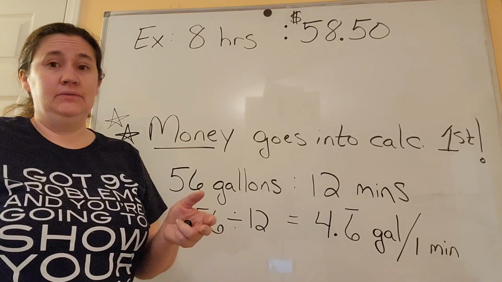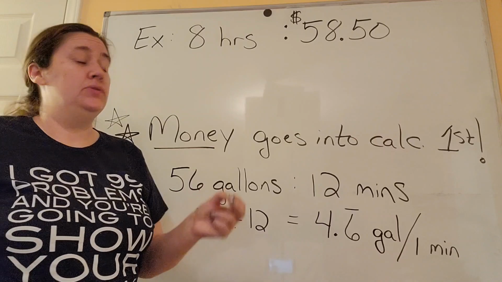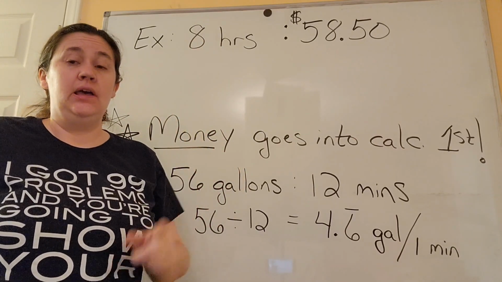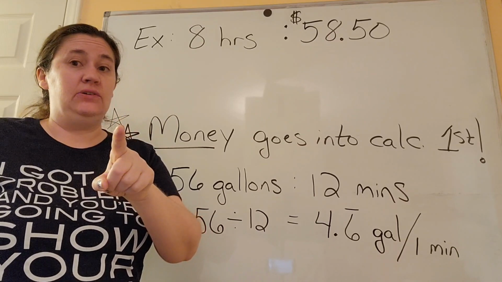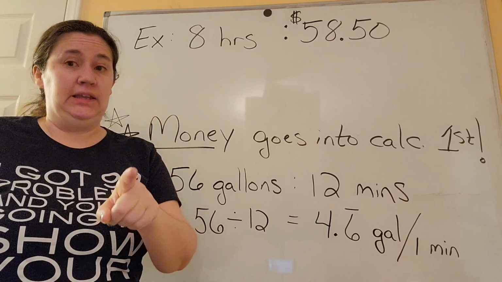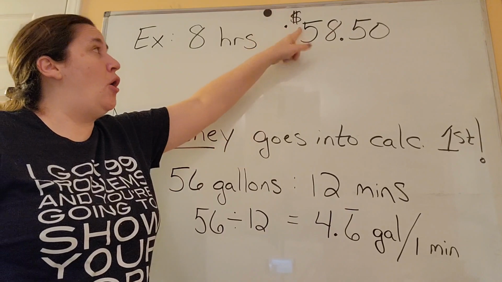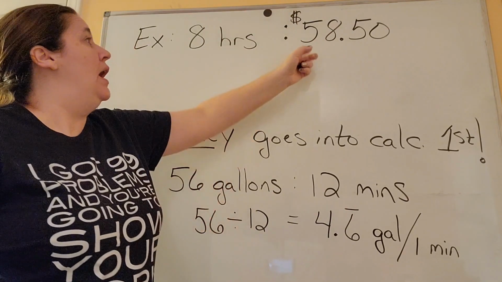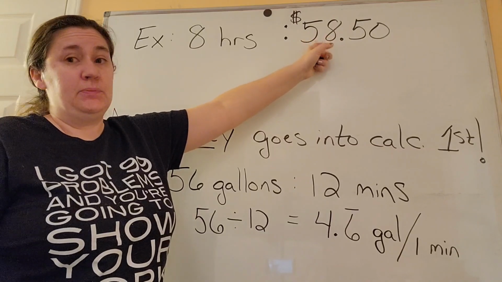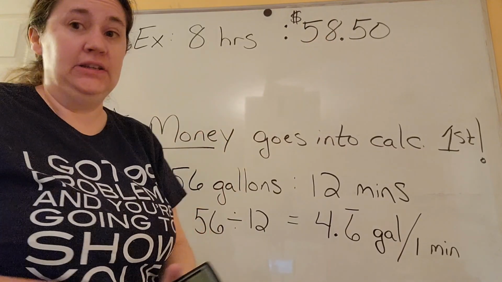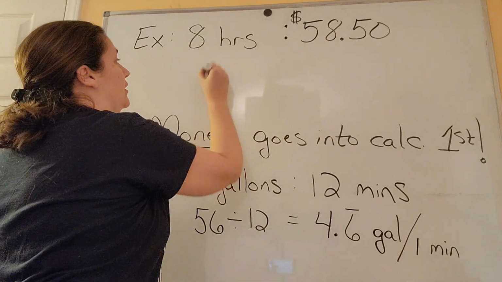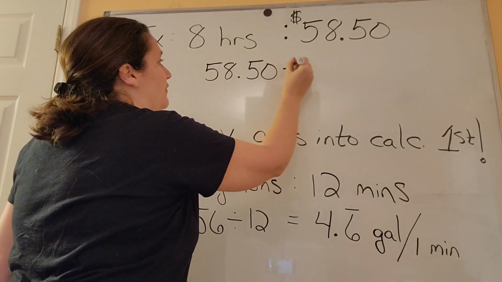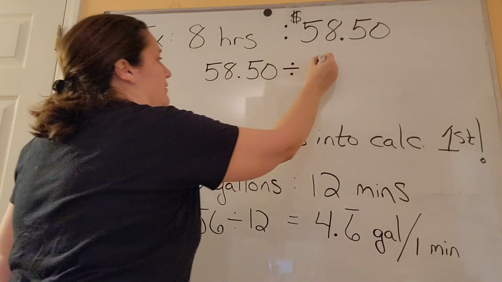Now remember, usually in a unit rate problem, you need to put the first number into your calculator first. But what else did I tell you? When you have money, money always goes into your calculator first. So for this problem, we need to put money into our calculator first. We're going to do $58.50 divided by 8.